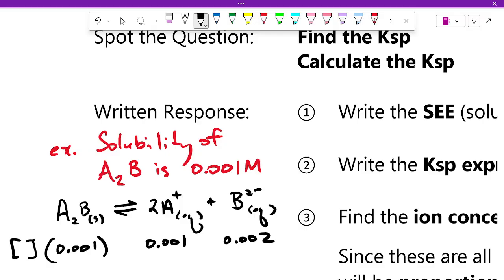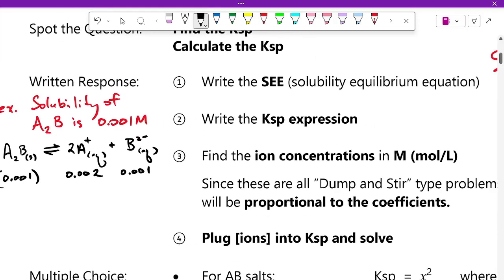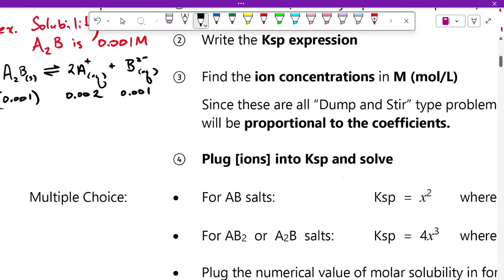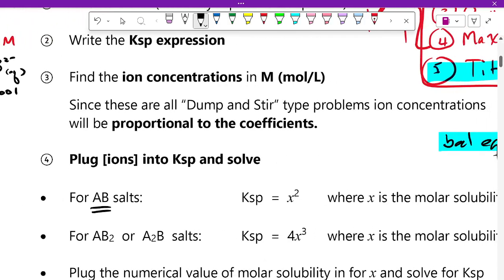Whoops, that's backwards. That would be the 2, and that would be the 1. So that's pretty straightforward. And then you'll end up with, if you have an AB salt, KSP is going to equal x squared, where x is the solubility.